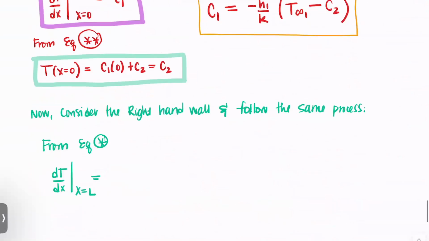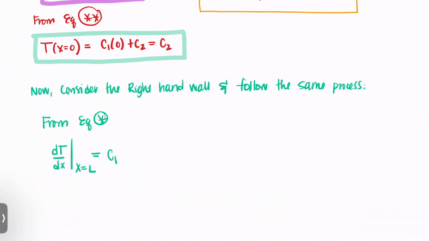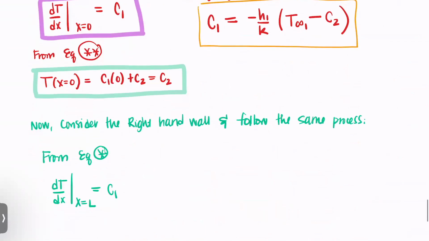So we get C1 again. That is our red box, so that's sorted.